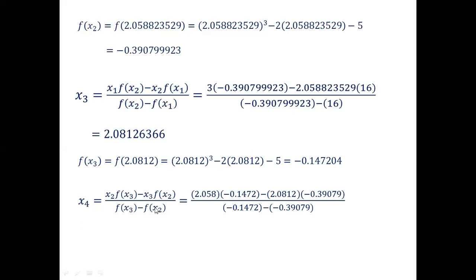Therefore, x4 is equal to x2 into f of x3 minus x3 into f of x2, by f of x3 minus f of x2. x2 is 2.058 into f of x3, which is minus 0.1472, minus x3, which is 2.0812, into f of x2, which is minus 0.39079, divided by f of x3, which is minus 0.1472, minus f of x2, which is minus 0.39079.